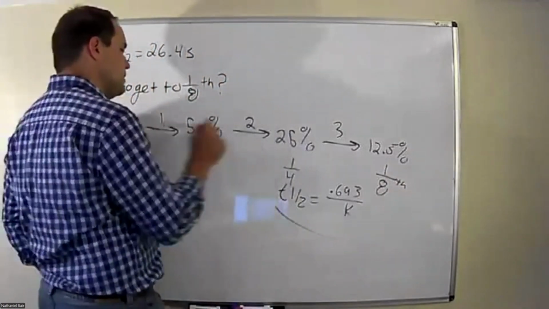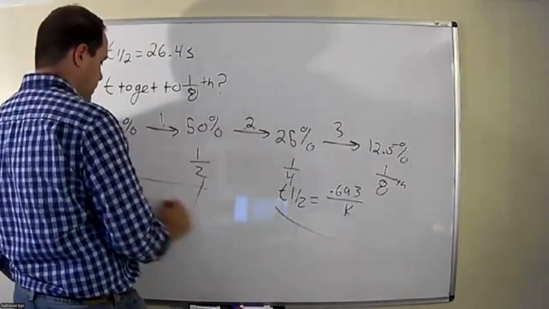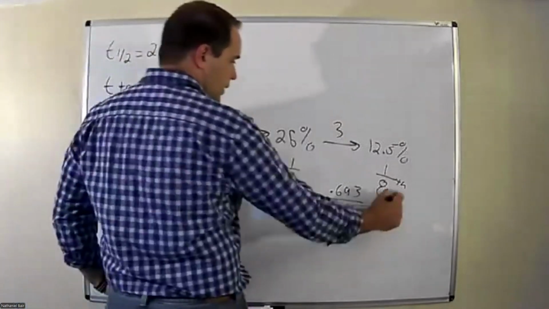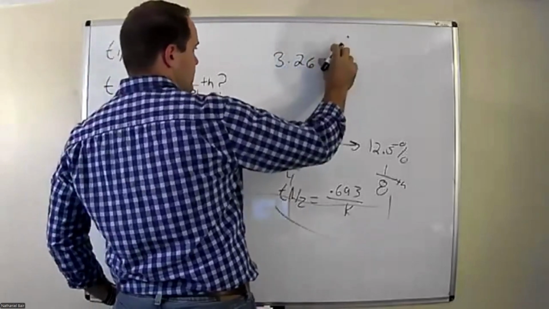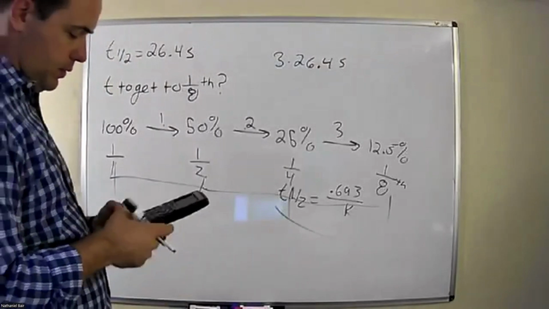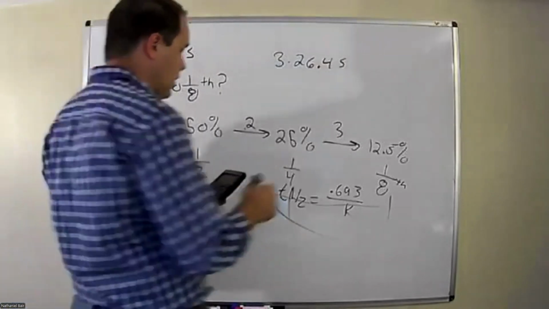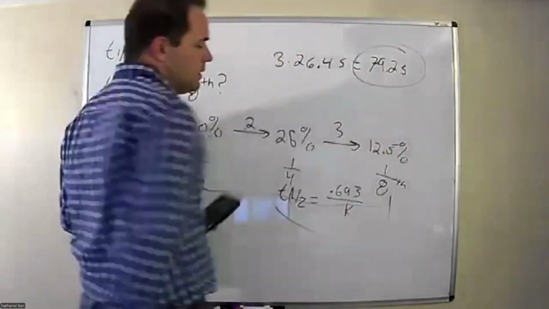So the key to this problem is it takes 3 half-lives. Well, if each half-life is 26.4 seconds, then 3 times 26.4 seconds is going to be the total amount of time it requires, right? So 3 times 26.4, that is 79.2 seconds to get to 1/8.